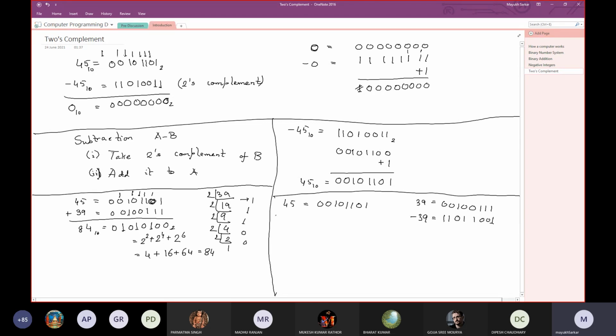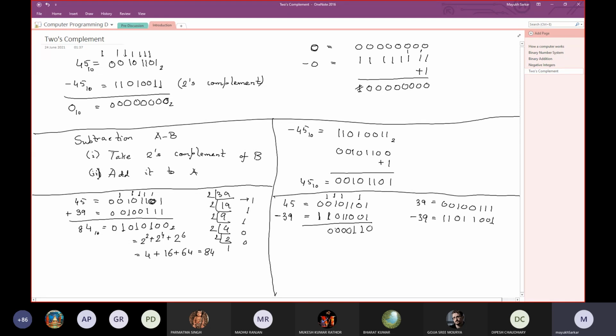That's minus 39. So minus 39 will be 1 1 0 1 1 0 0 1, and let's add them up again. 1 and 1 is 0, 1 carry here, 1 1 comes here, 1 and 1 is 0, 1 carry here, 1 and 1 is 0, 1 carry here, 1 and 1 is 0.